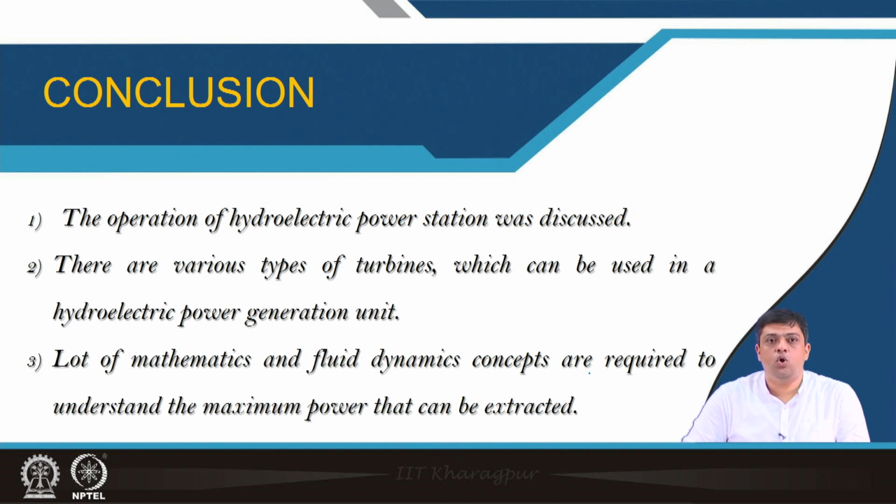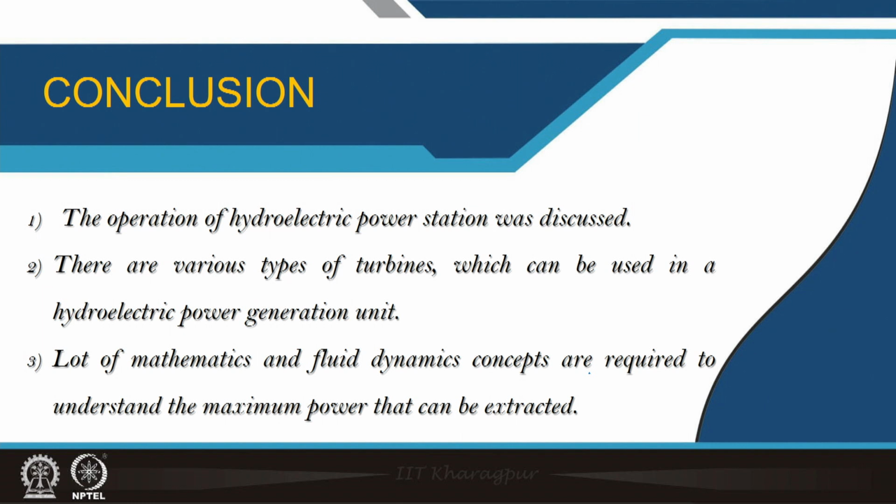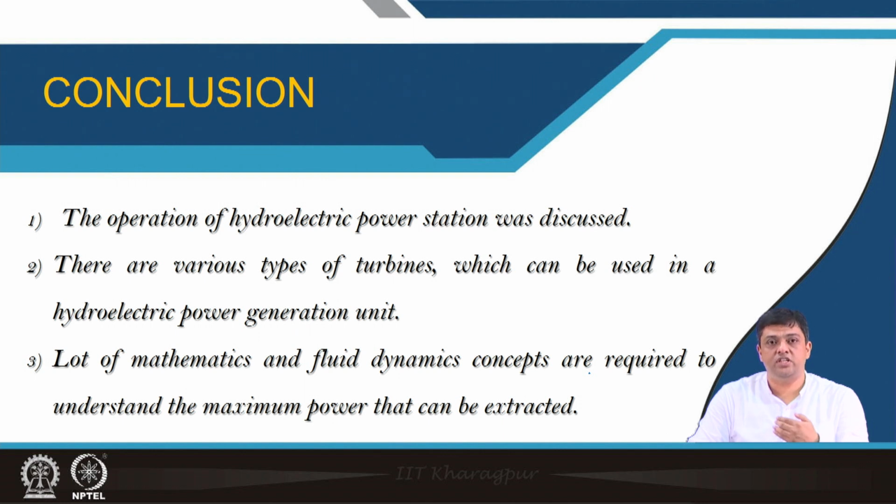And I really hope that the points and the topics which were covered in today's lecture have given you the confidence to explain the operation of a hydroelectric power station to your friend or somebody who wants to know about it. There are various types of turbines which can be used in hydroelectric power generation units, and we have discussed two types, the reaction type or the impulse type.